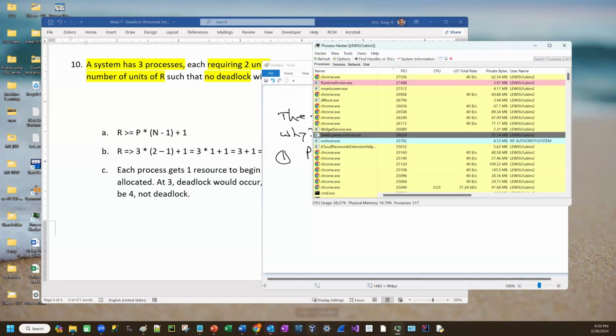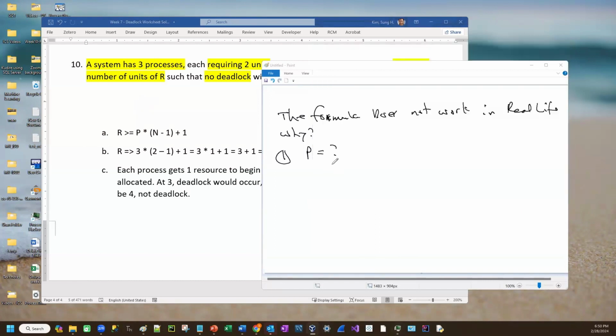Maybe I'll start a VirtualBox. Maybe I'll start a SQL Server. Now the number of processes changes, right? So this here is uncertain. But it changes. And so the formula changes, or the value changes.